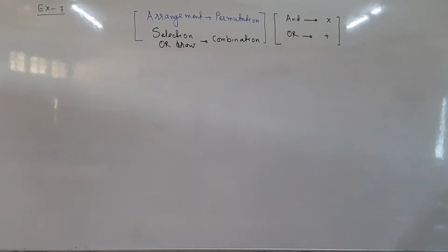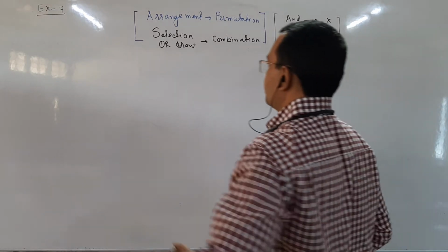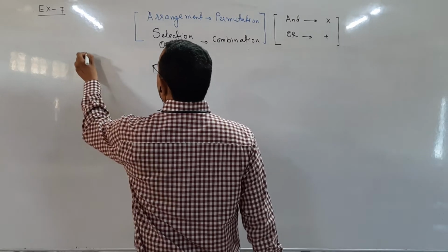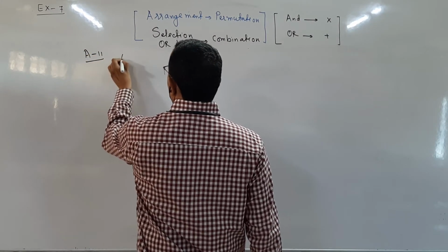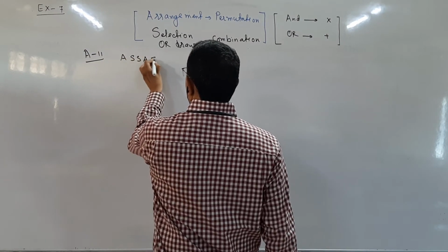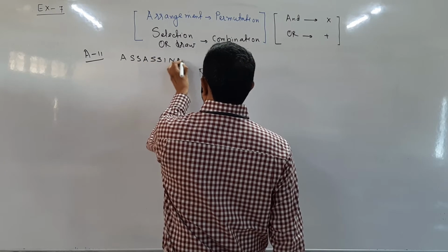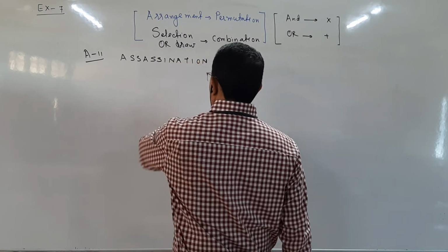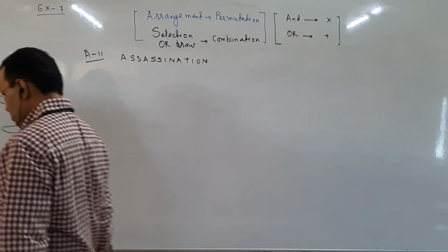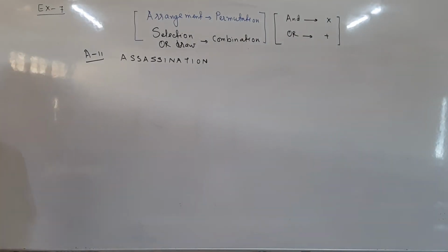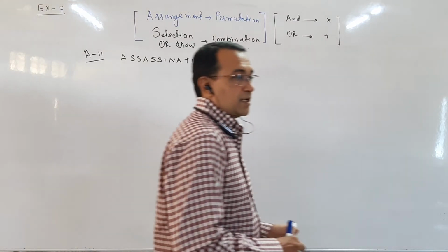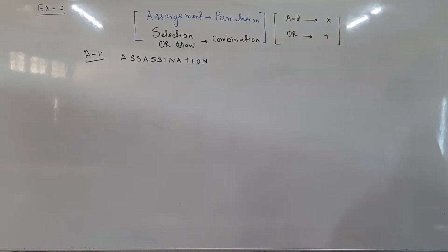In how many ways can the letters of the word ASSASSINATION be arranged so that all S are together? Arrangement means ASSASSINATION. Okay, students, this is the given word, ASSASSINATION.